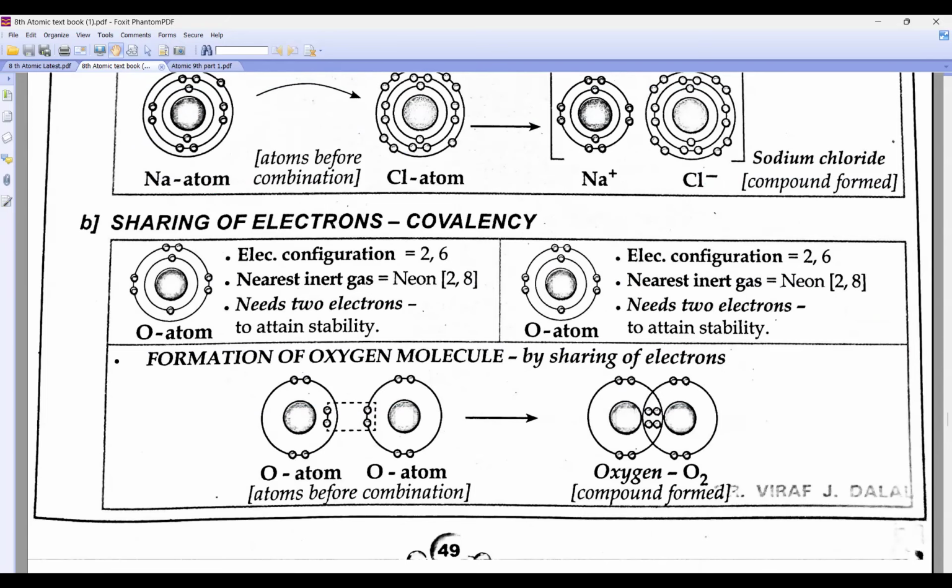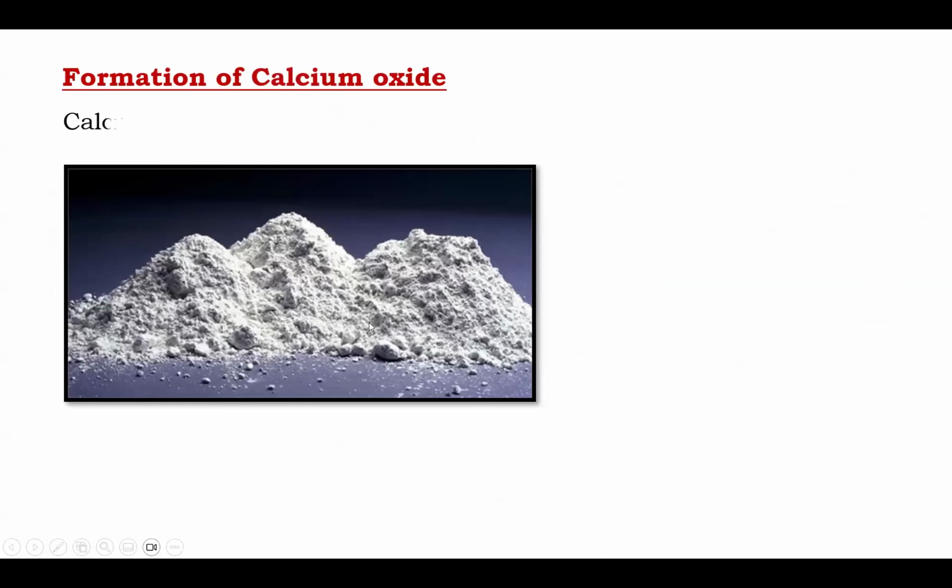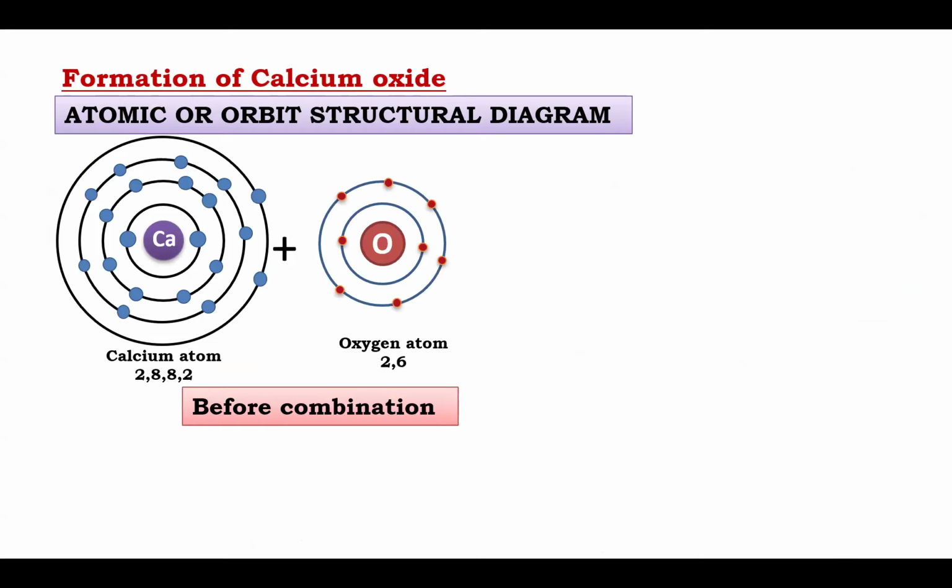Now, before that, you tell me, beta, I am giving you one more example. What will calcium do, beta? Calcium is 282. So what will it do? It will give. Nearest noble gas is argon. Oxygen is 2,6. It will give out two to make oxygen close to neon.